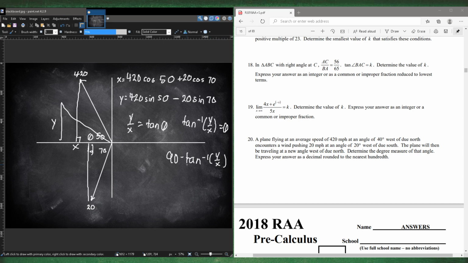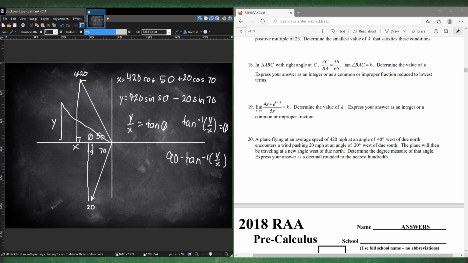So let's just do this on our calculator. We have 420 times sine of 50 minus 20 times sine of 70, divided by 420 cosine of 50 plus 20 times cosine of 70.